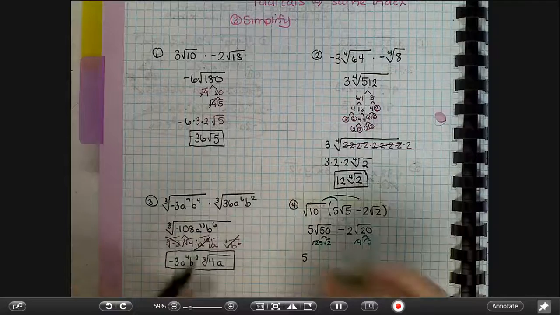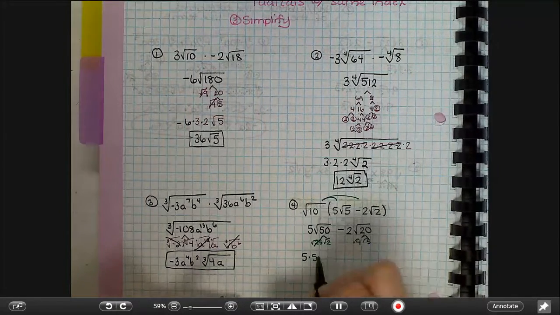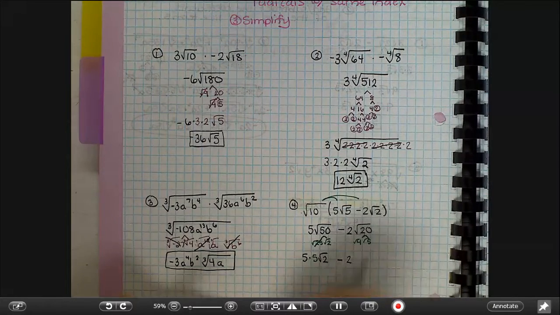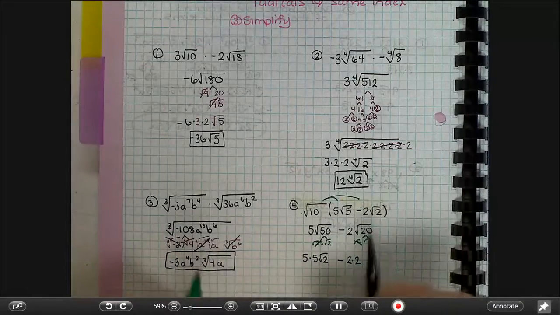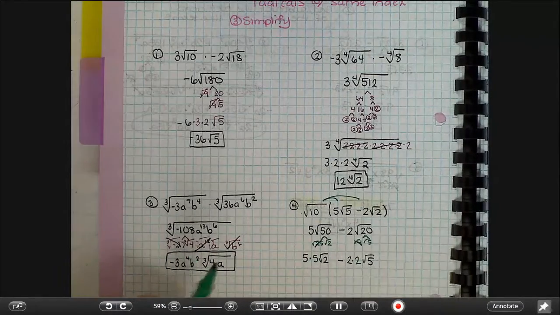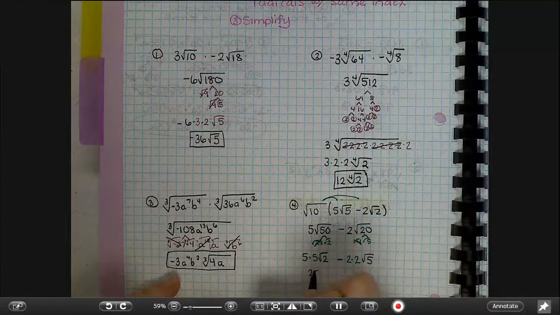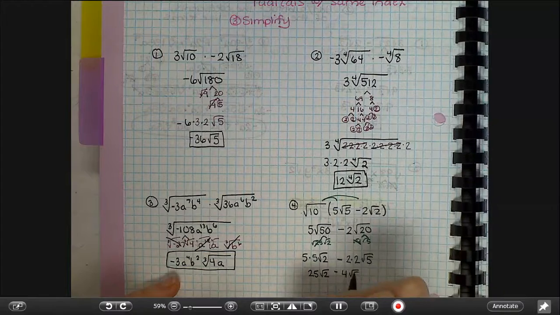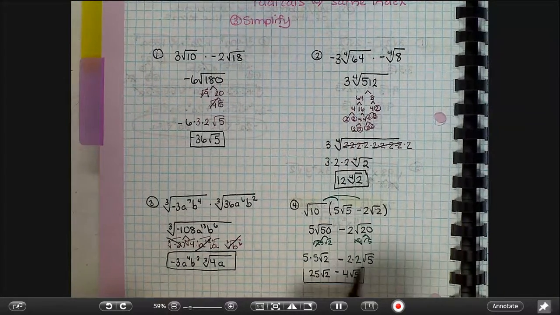The square root of 25 is 5, and the square root of 2, minus 2 times the square root of 4, which is 2, and the square root of 5 stays the square root of 5. We're going to simplify. 5 times 5 is 25 root 2. 2 times 2, negative 4 root 5. We cannot combine these because they are not like terms.